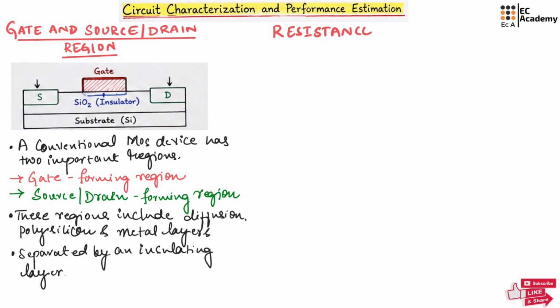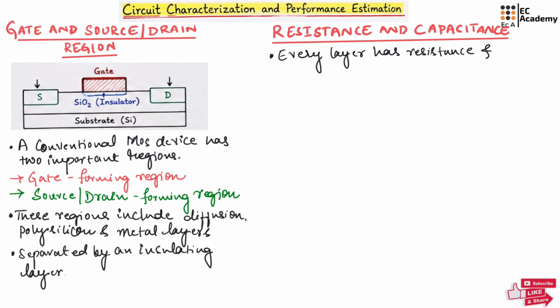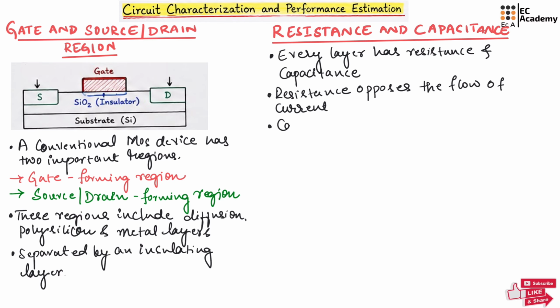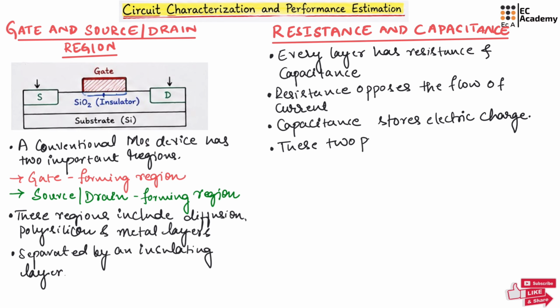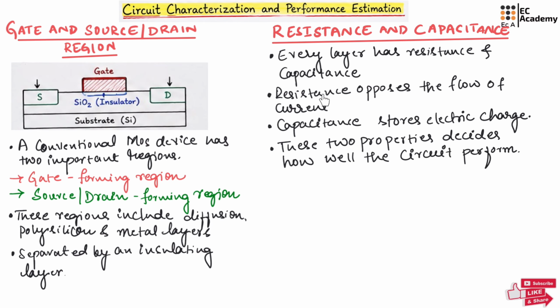Now we come to a very important concept. Every layer has resistance and capacitance. Resistance opposes the flow of current and capacitance stores electric charge. These two properties decide how well the circuit performs. If resistance becomes high, signals become slow. If capacitance becomes high, charging and discharging takes more time.